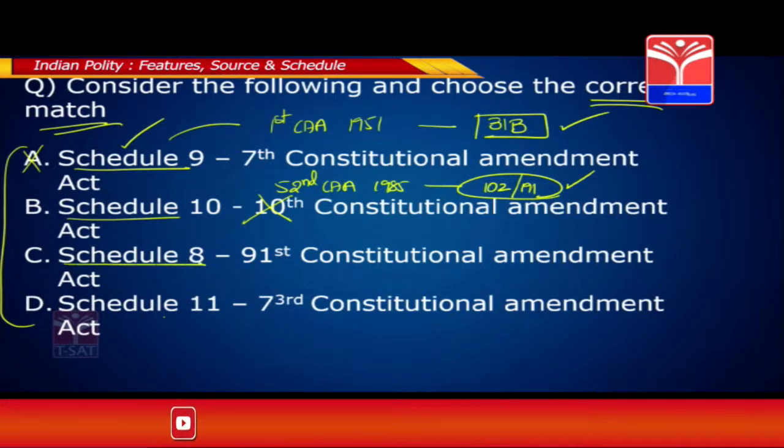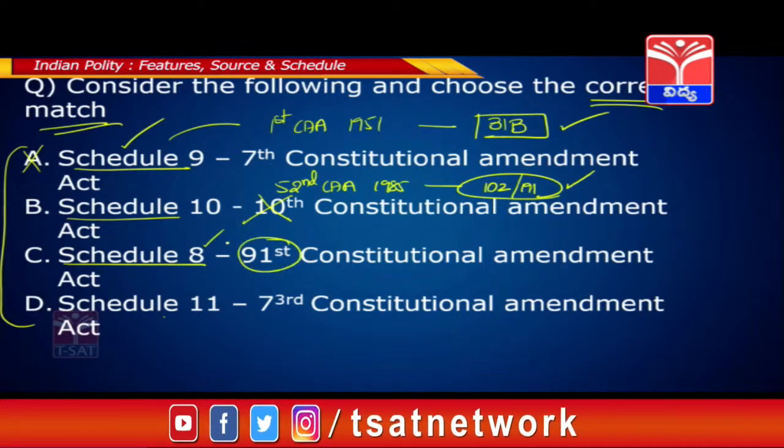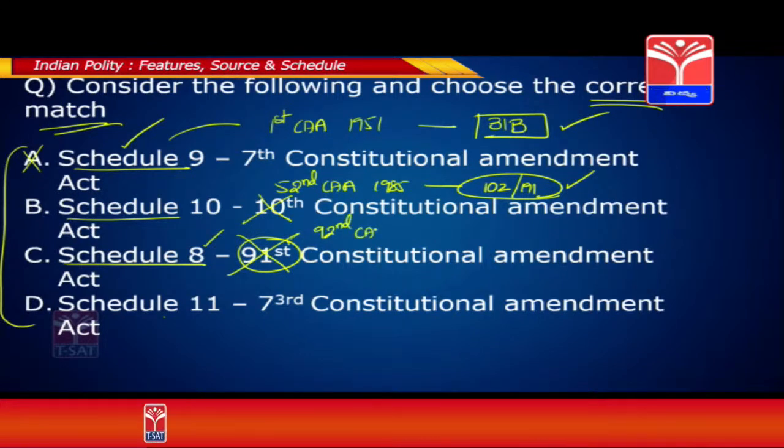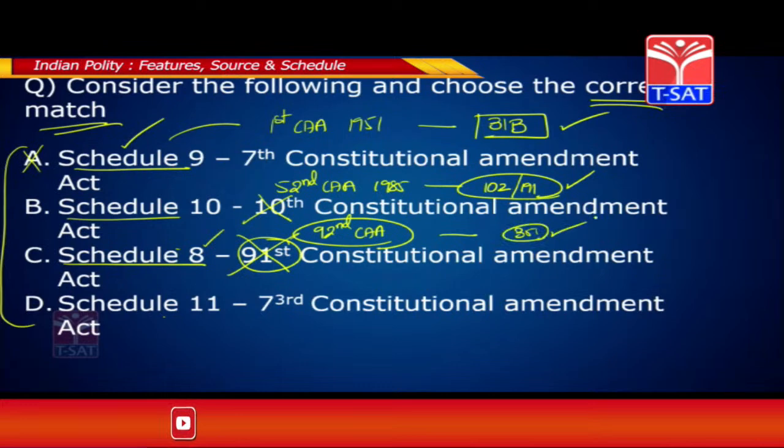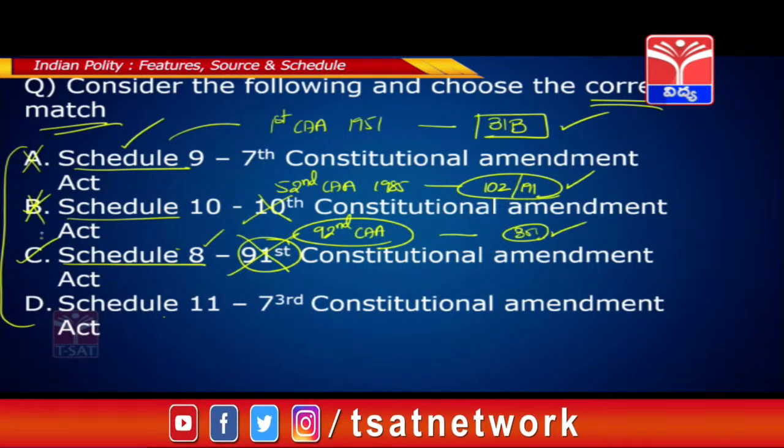Now Schedule 8, this is leaked. It is not the 91st, it is the 92nd Constitutional Amendment. Schedule 8 is linked directly to Article 351, 344, etc. It talks about official languages, so this is also wrong.